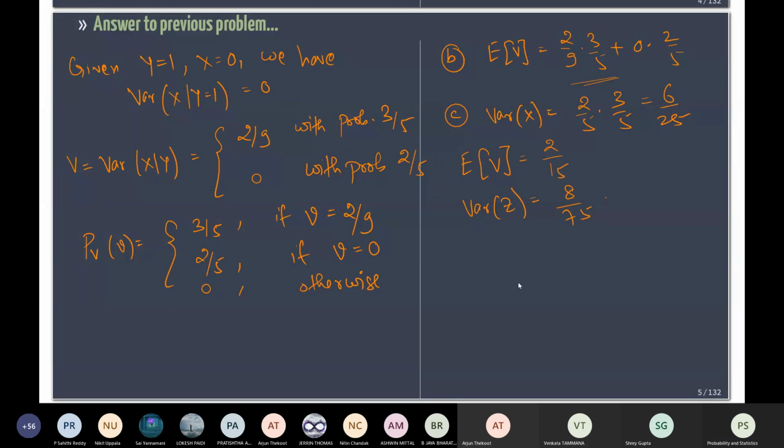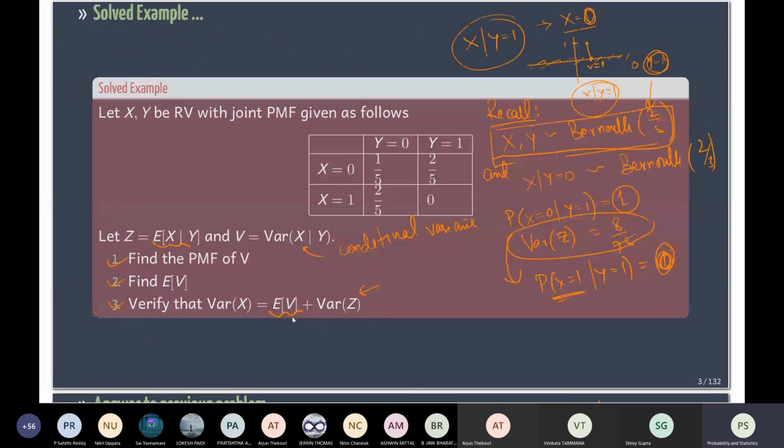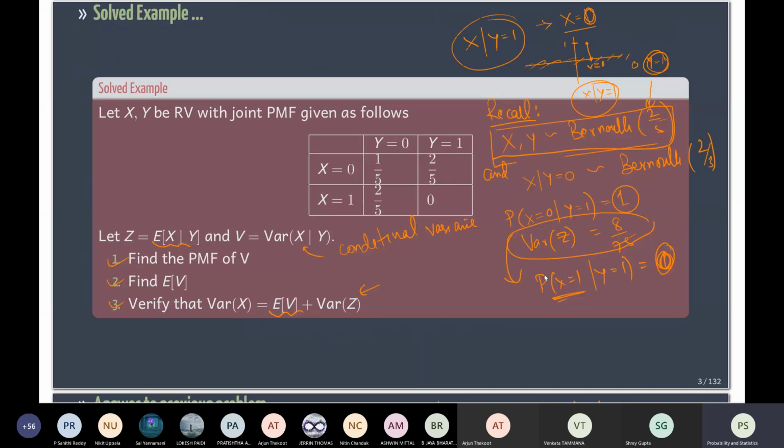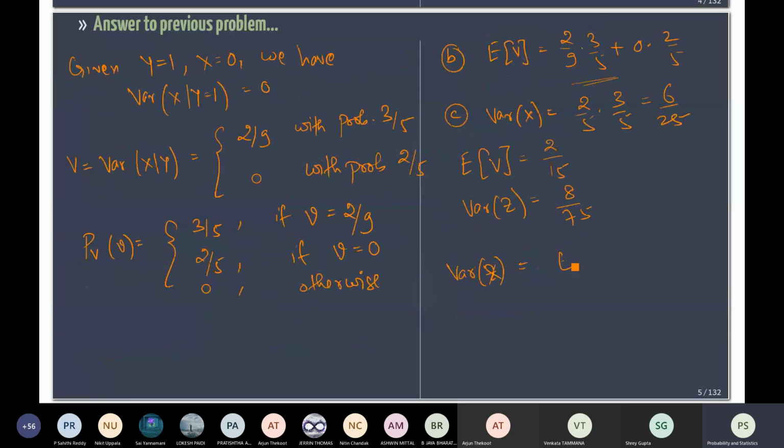So now the question is whether the variance of X is equal to the expectation of V plus the variance of Z. The variance of X is like 6 over 25.